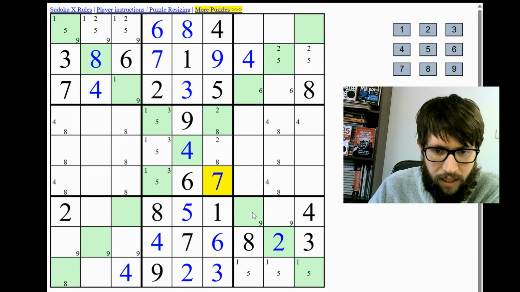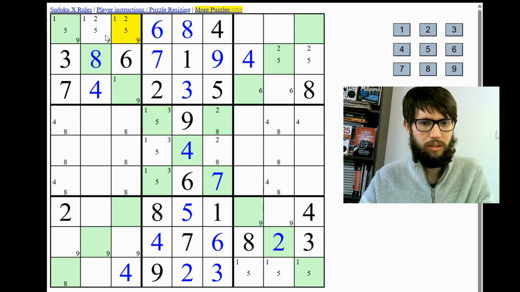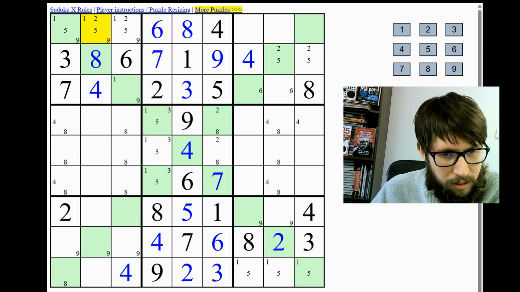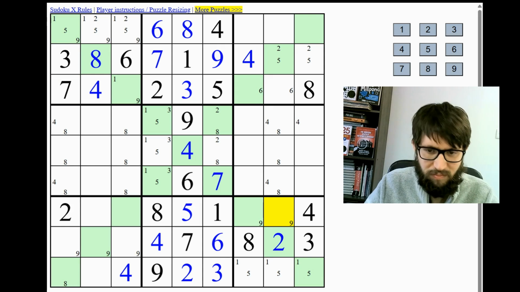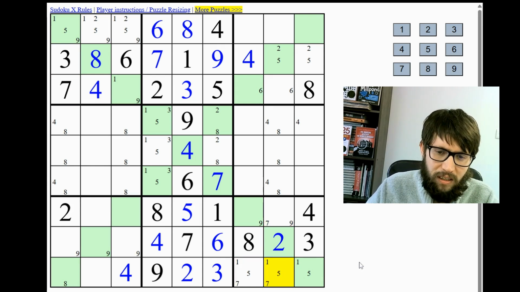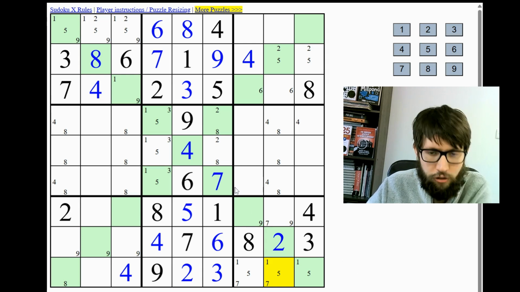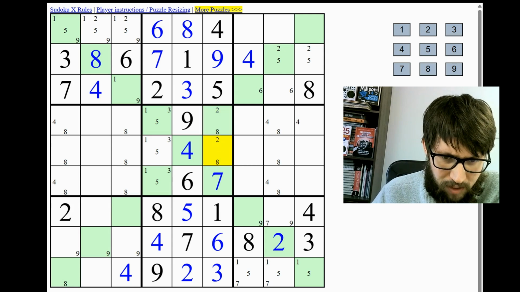We've got the 7 in our diagonal now, which means we know it has to be one of these 2. There is a 7 there, so we know it has to be. Doesn't really help us a huge amount. Could be that, or that. Unfortunately, sometimes you want to make a big breakthrough, you don't get it. You know the 2 and the 8 are either or here. 1, 5 or 3, 1, 5 or 3.